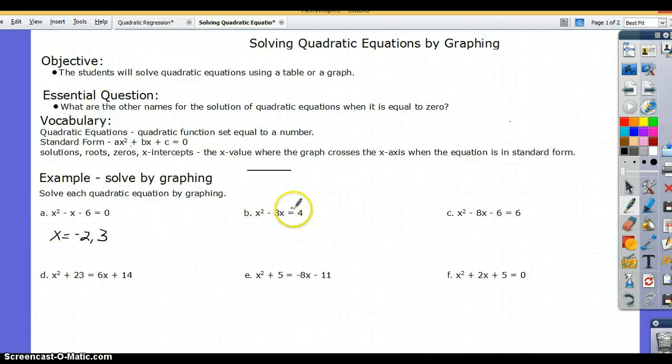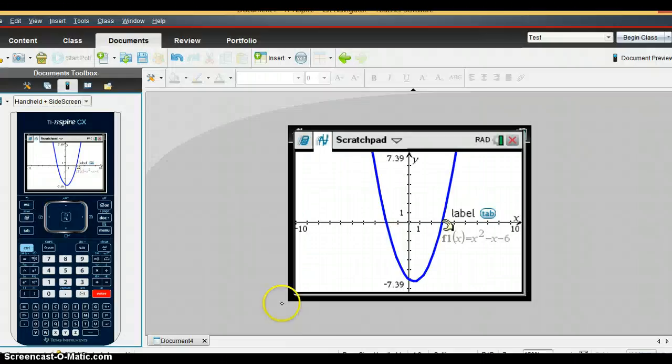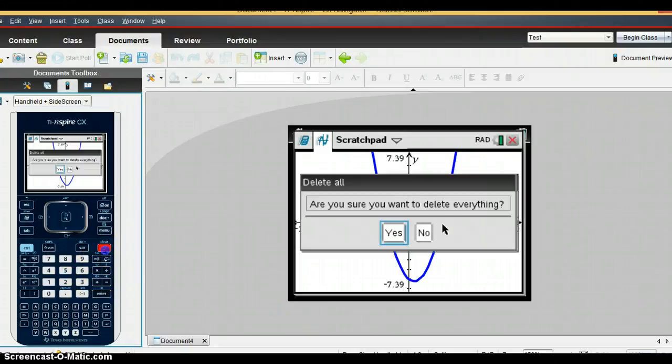Alright? So sometimes it's not equal to 0 like this. So what we have to do is subtract the 4 from both sides since it was positive, right? 4 minus 4 is 0. So that gives me x squared minus 3x minus 4. So now this is what we're going to put into the calculator. So delete.